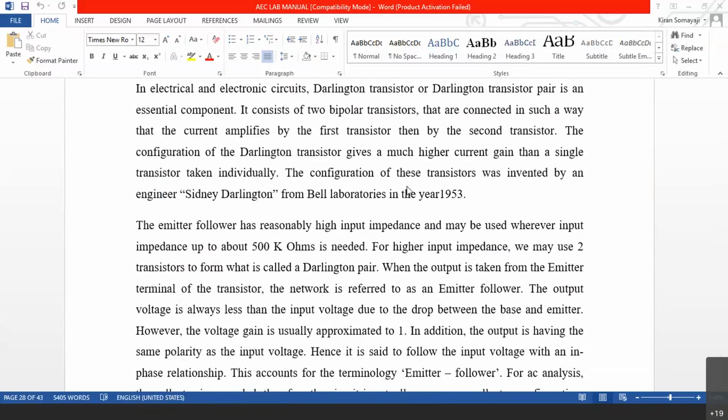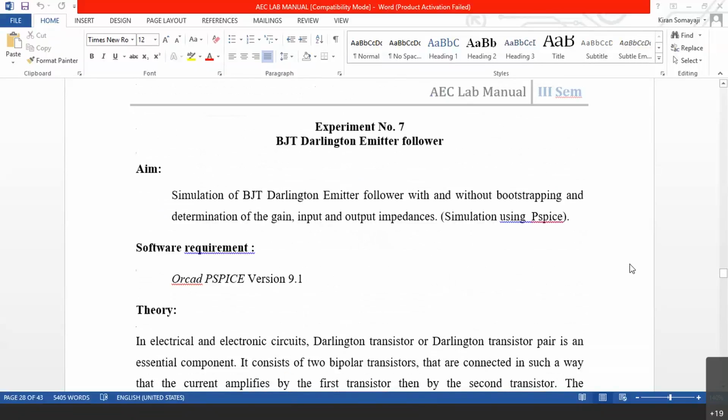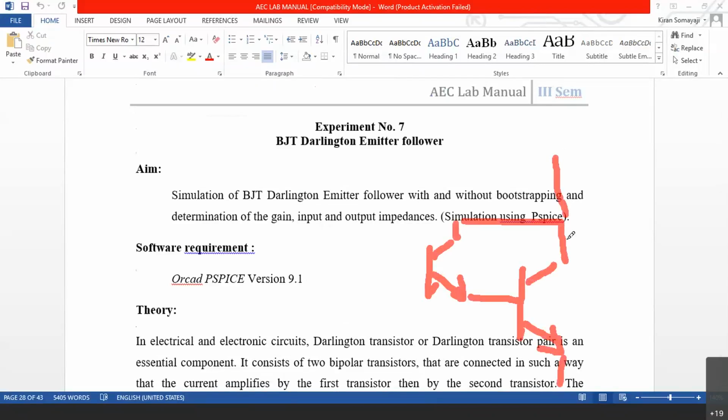This configuration was invented by an engineer, Sidney Darlington, from Bell Laboratories in the year 1953. So let me show you the Darlington transistor now. When we have one transistor like this, let us say this transistor's emitter is connected to the base of another transistor, and let us say the collectors are connected like this.